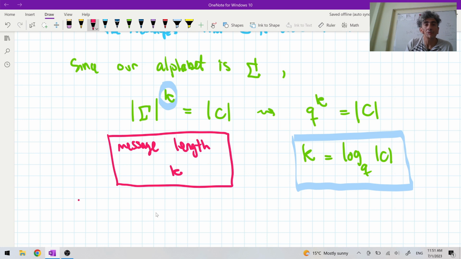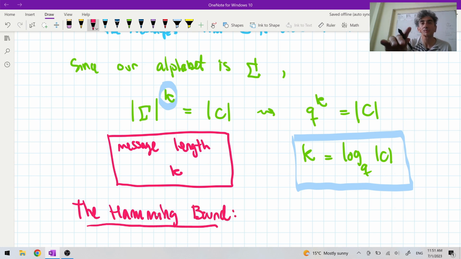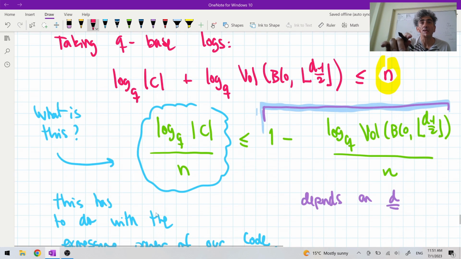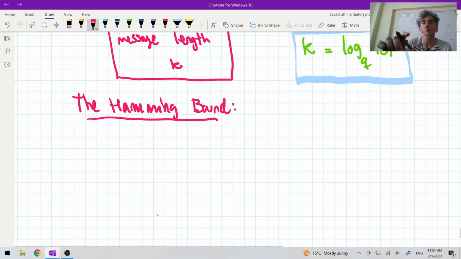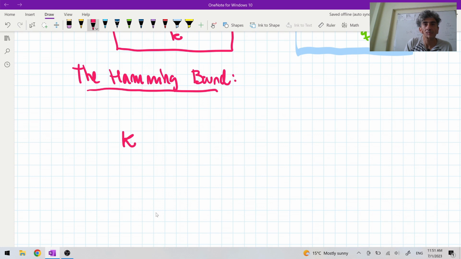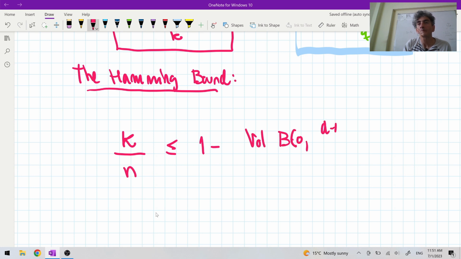So the Hamming bound is actually a trade-off between the message length divided by n and the distance. The message length divided by n is bounded above by 1 minus the volume of a ball, since we're at 0, of this radius, divided by n.